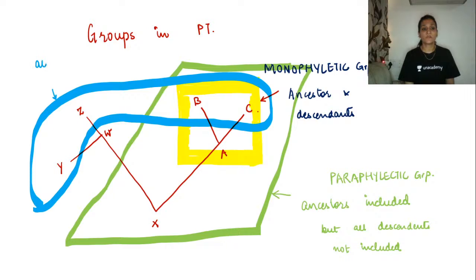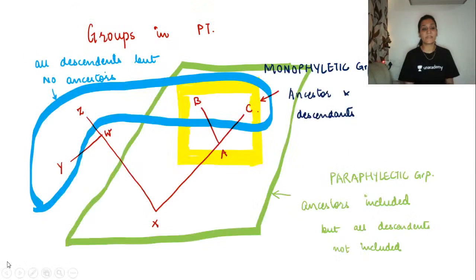So all descendants but no ancestors. This type of group is called a polyphyletic group.